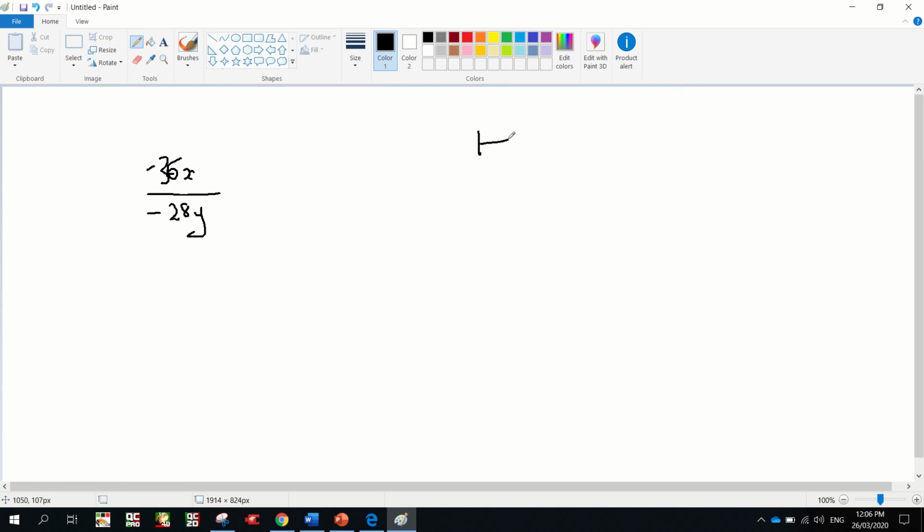So first we've got to find the highest common factor of 36 and 28. Okay, so what are numbers that times together to get 36? 6 and 6. Okay, they're not prime numbers, so we'll keep going.